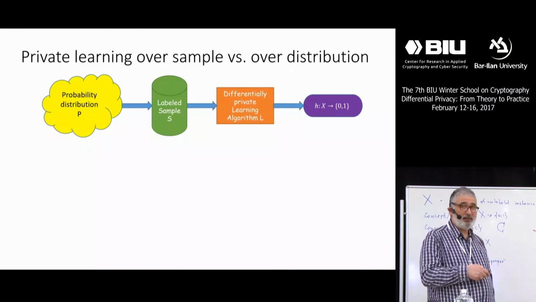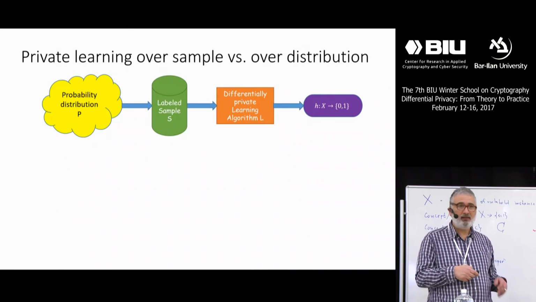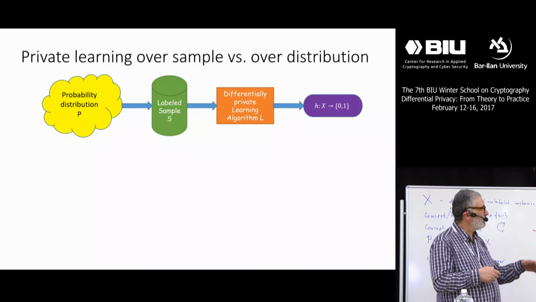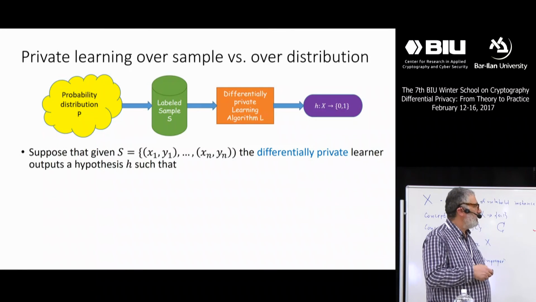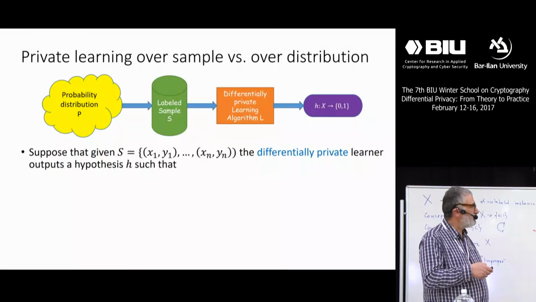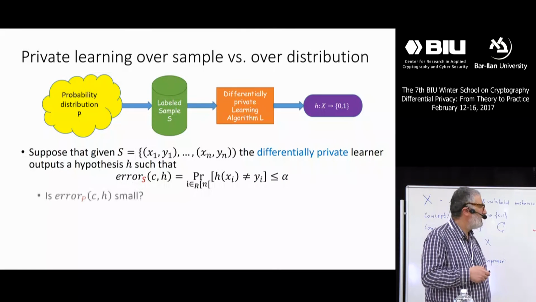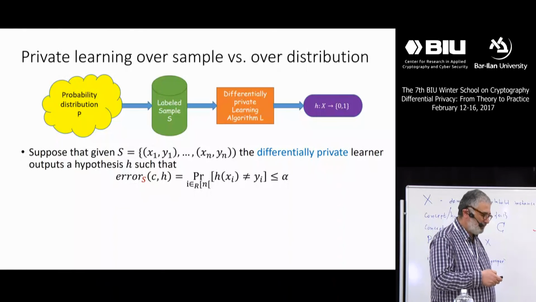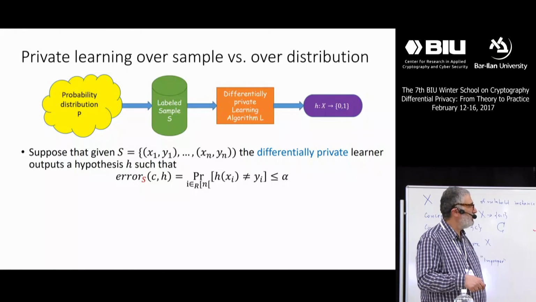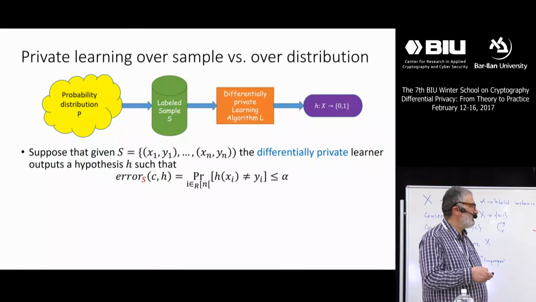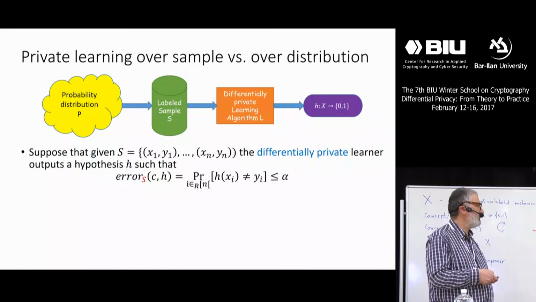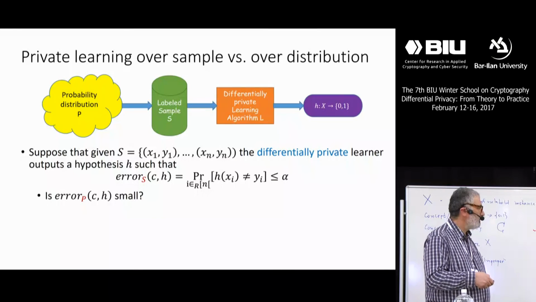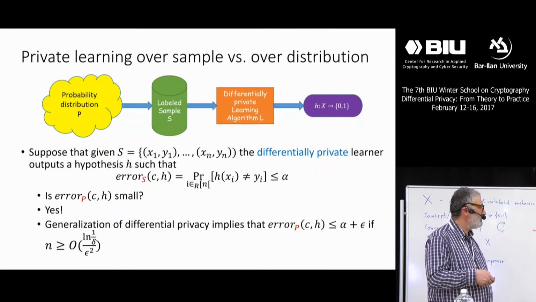So you remember I had a similar slide about learning over the sample and over the distribution. If we have a differentially private learner, and suppose we manage to learn over the sample, you can ask, does this guarantee that the error over the distribution is small? And the answer is yes.